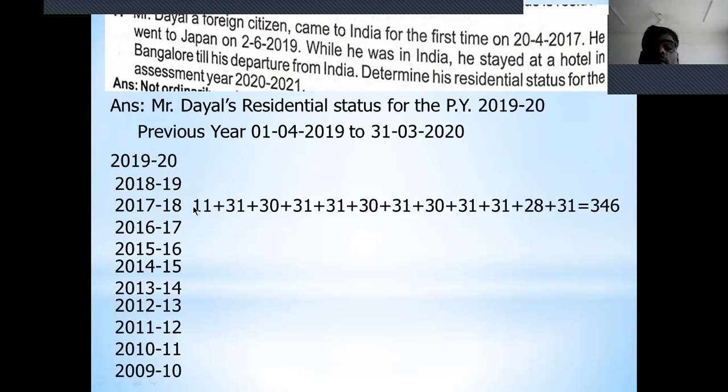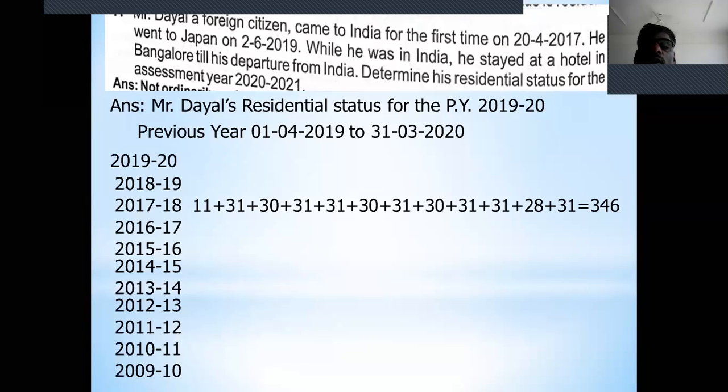He entered India on 20th April, so he is in India for 11 days in April. Then up to 2nd June 2019, he is in India: April, May, June, July, August, September, October, November, December, January, February, March. This is the end of the year, April to March. 346 days he is in India.